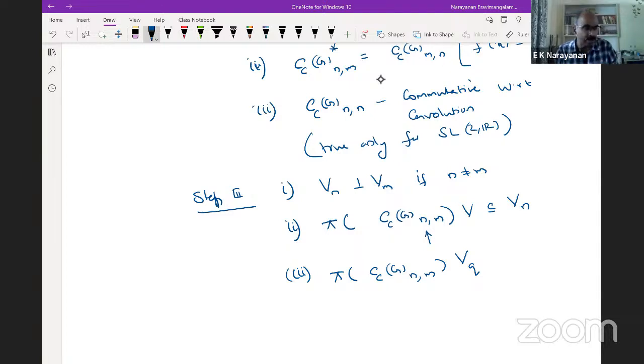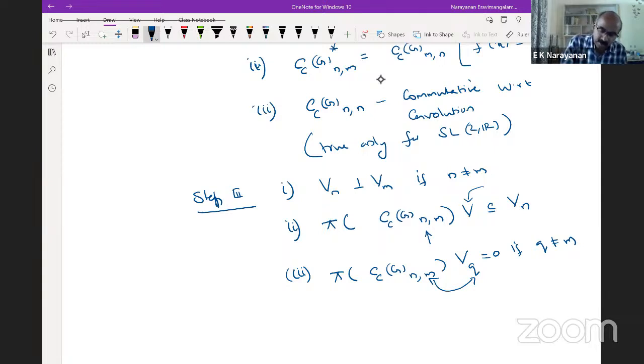And if I do this, then this will be 0 if q is not equal to m. Okay, so if these two don't match, then I get 0. Similarly here, I'm taking the whole space V. And remember, V is the direct sum of all these V_q's. So when I apply, only certain things will survive and so on. Okay, so that is something you can keep in mind.